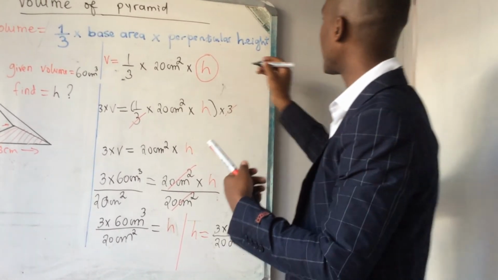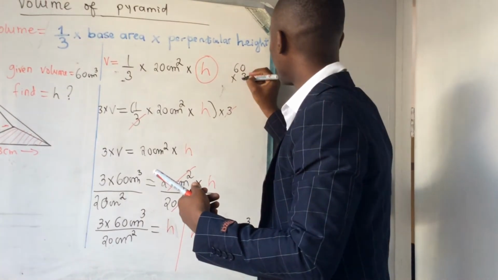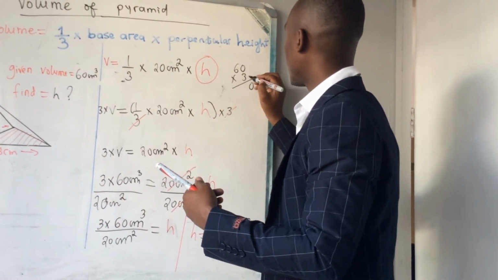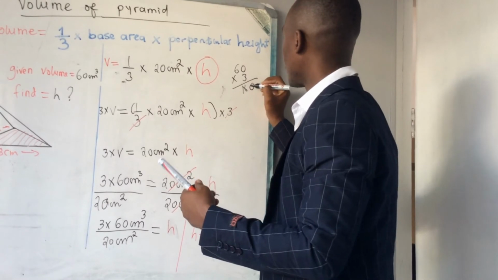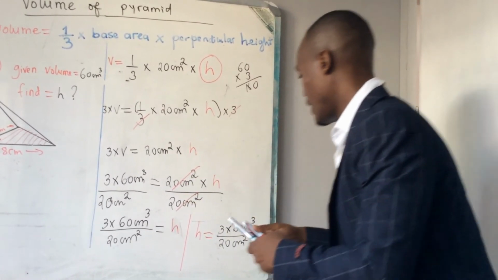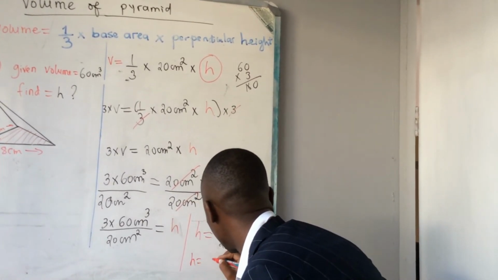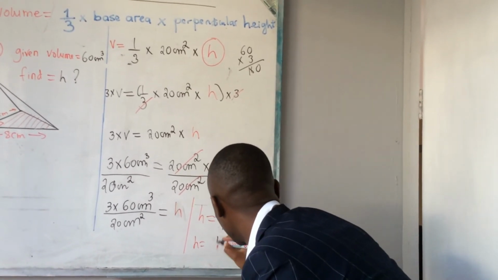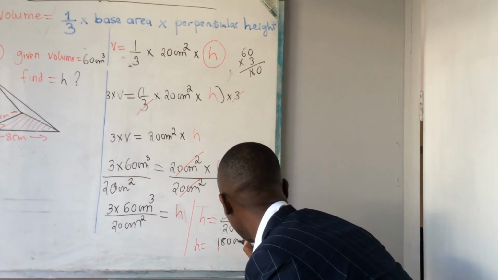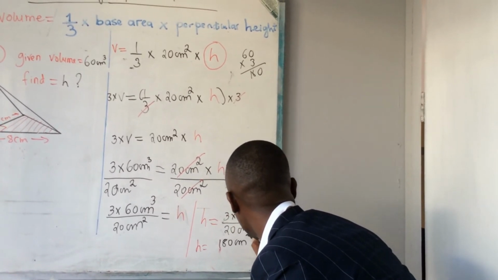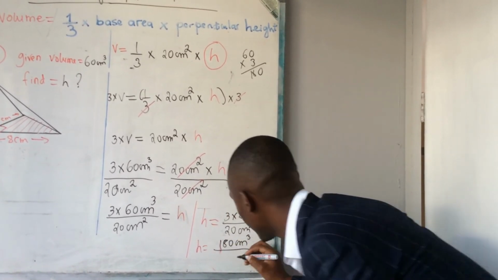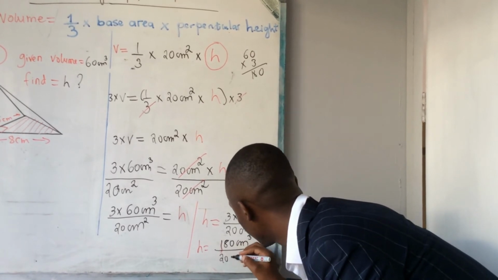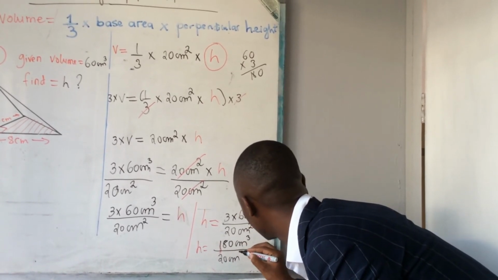If we multiply here quickly, 60 times 3, 3 times 0 is 0, 3 times 6 is 18, so that's 180. So we have h equals 180 centimeters cubed over, in this case, 20 centimeters squared.